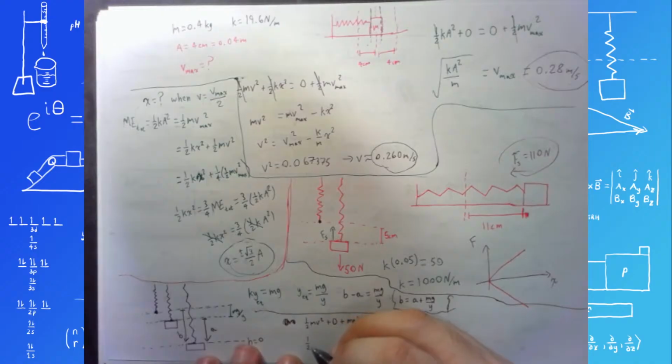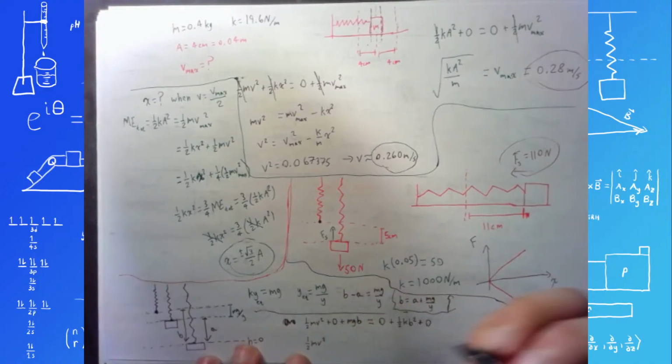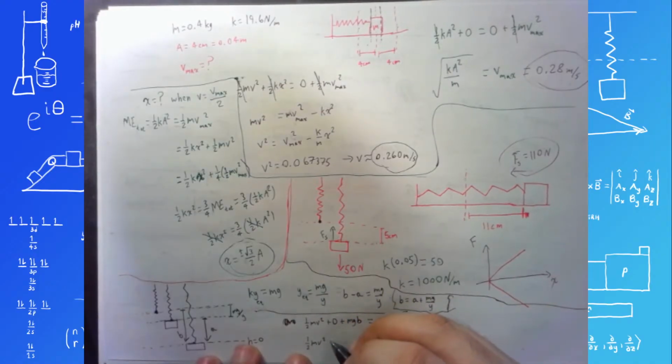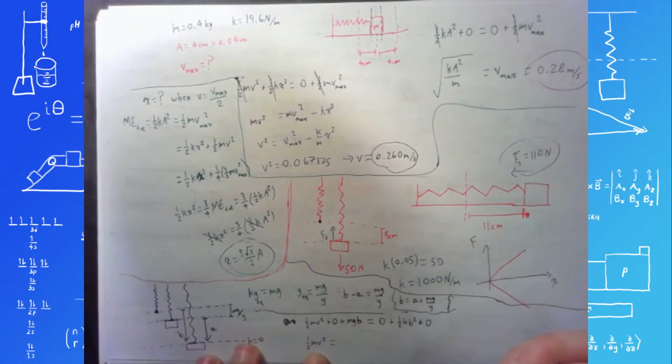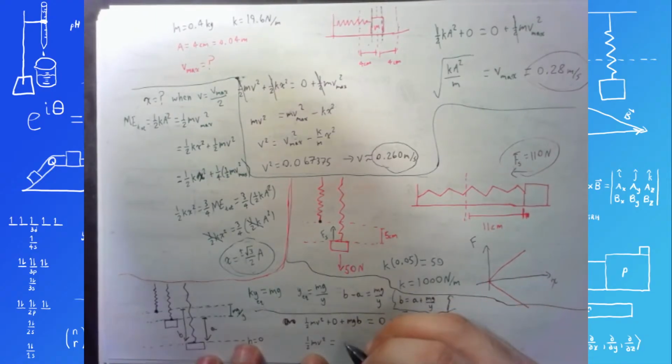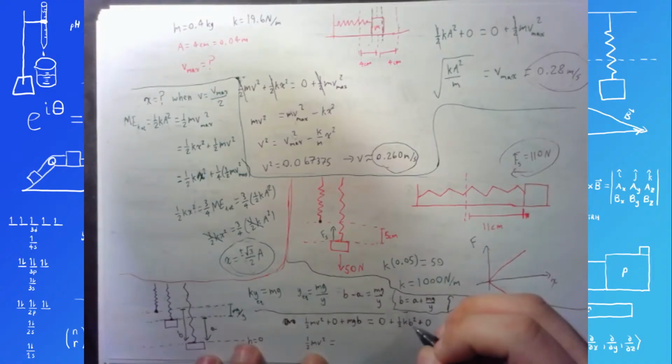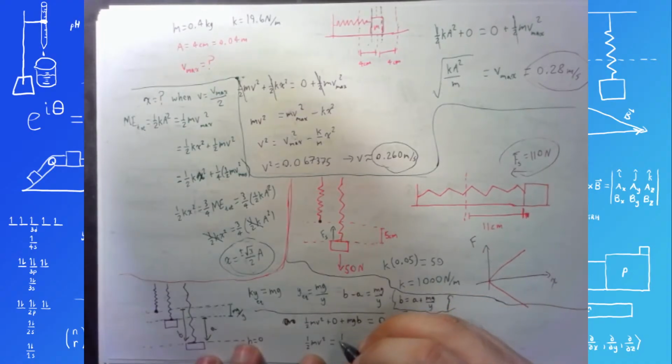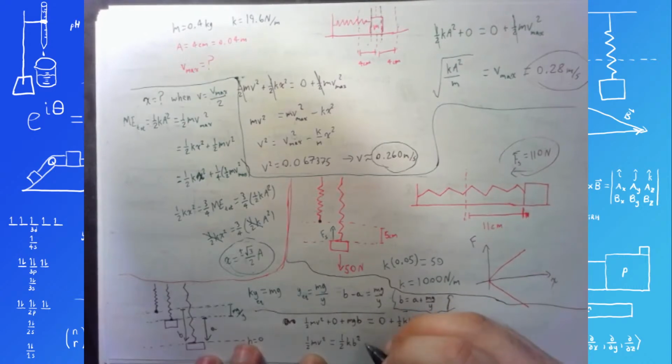So 1/2 mv squared is going to be equal to 1/2 kb squared minus mgb.